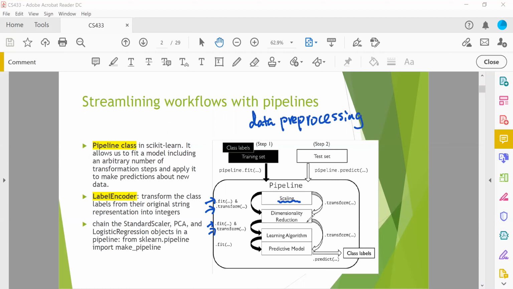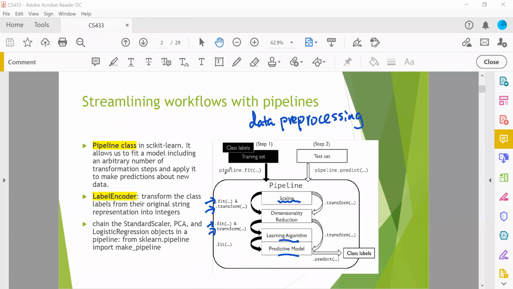After that, you can apply the learning algorithm and predict with the model. So that's how we do data pre-processing, feature selection, and then model training individually.